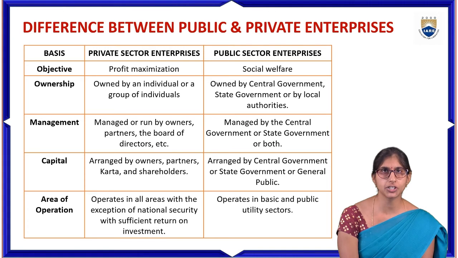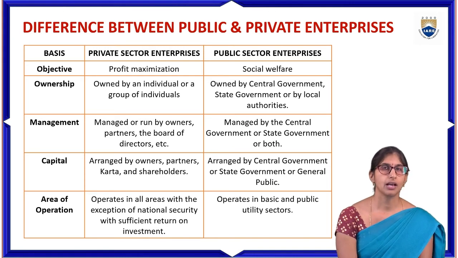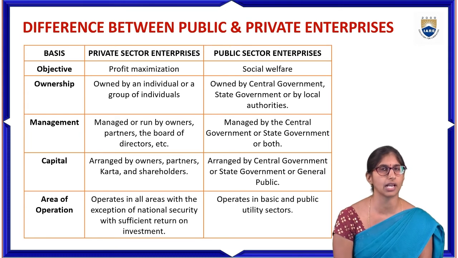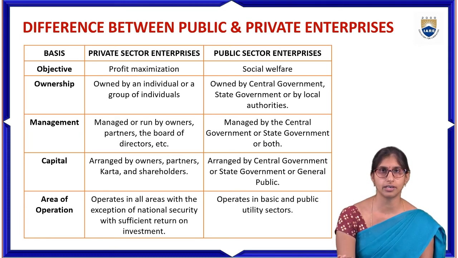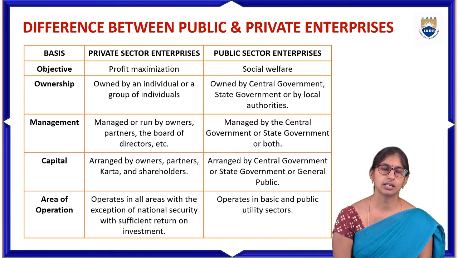And coming to ownership, only individuals or groups of individuals become the owners of private limited companies. In the case of public limited companies, the central government, state government, or any local authorities and local bodies become the owners of that particular public limited company.